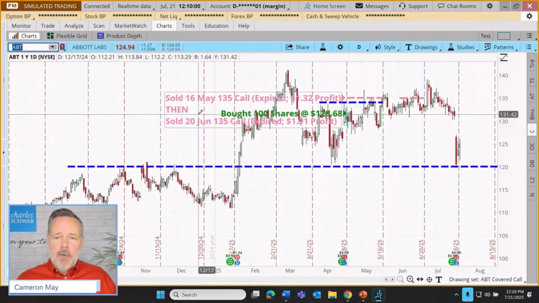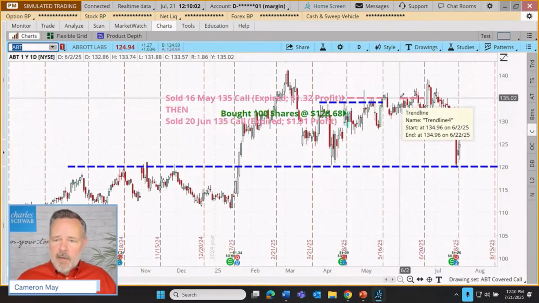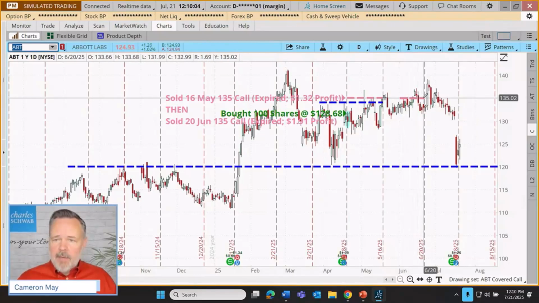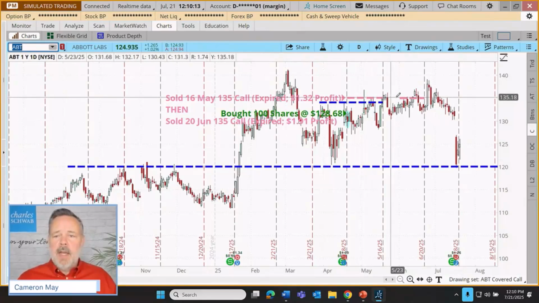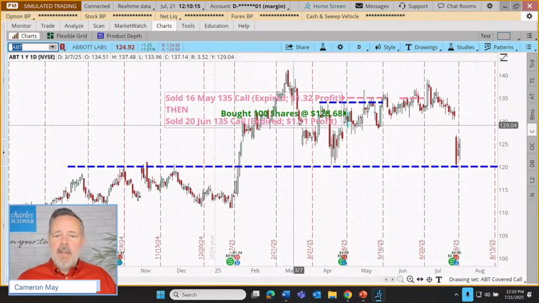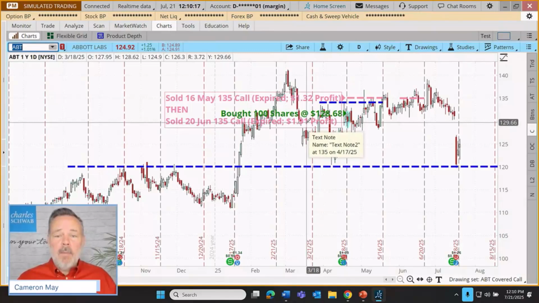We then sold it, starting right here on this day, out through the June 20th expiration. We sold the June 20th 135 call. Same strike, just a different expiration. That expired for a $1.91 profit.